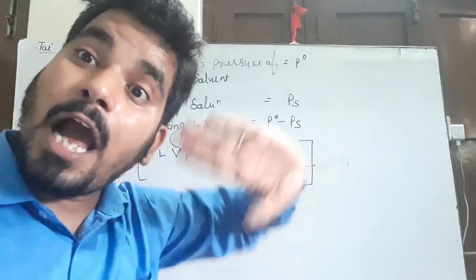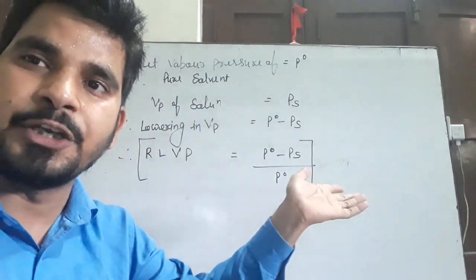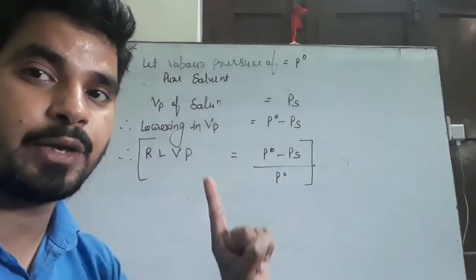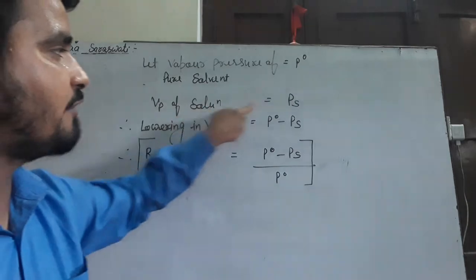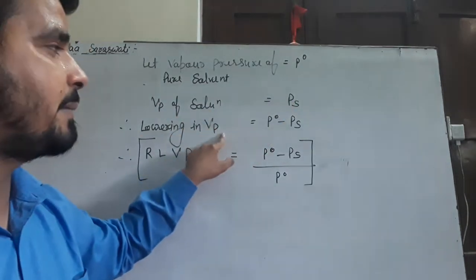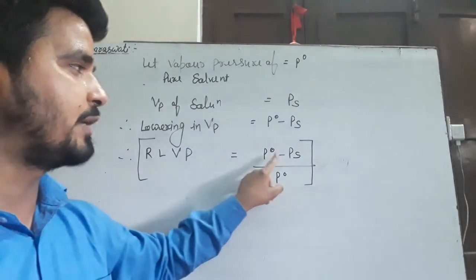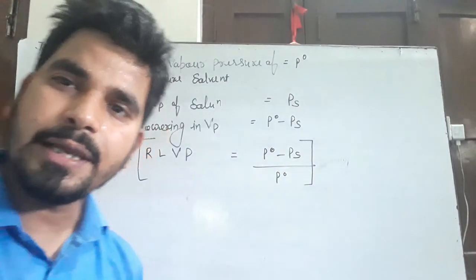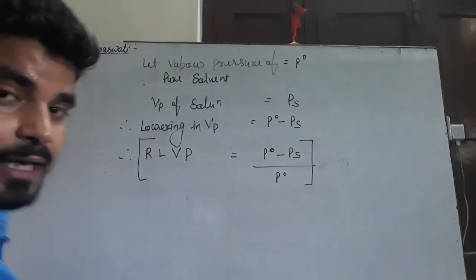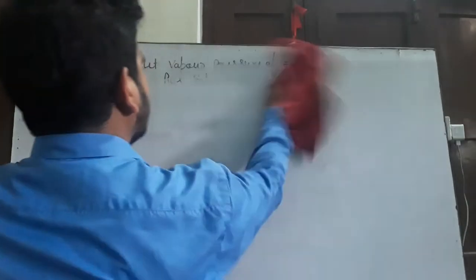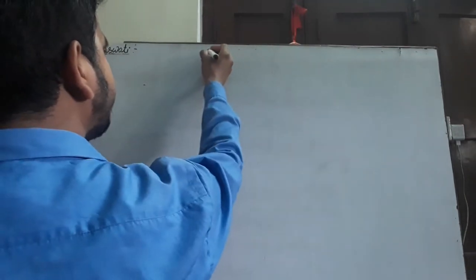Already I have explained it in the previous lecture. Then the vapor pressure of solution is PS. Lowering in vapor pressure is equal to P naught minus PS, and relative lowering in vapor pressure is equal to P naught minus PS upon P naught. So moving ahead for derivation. A very simple derivation.